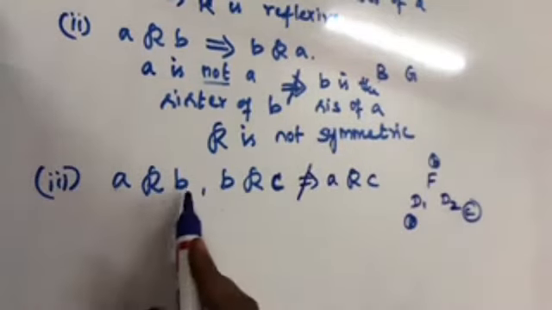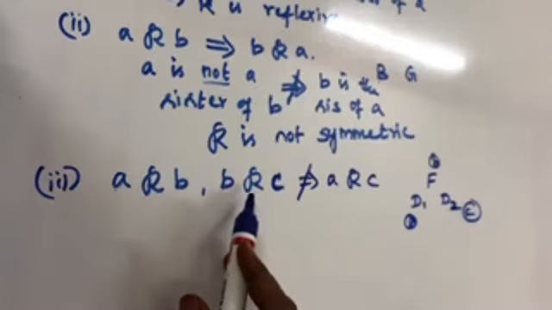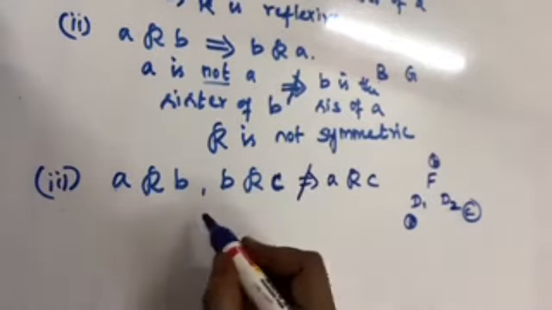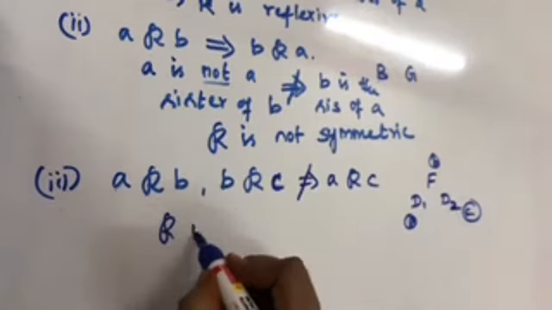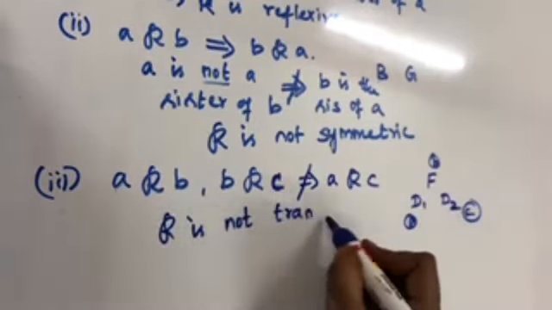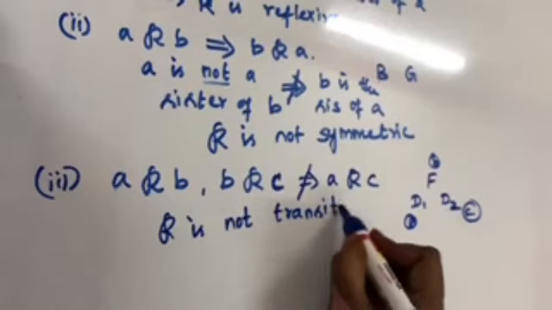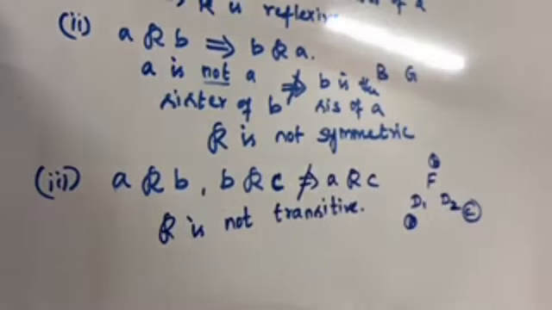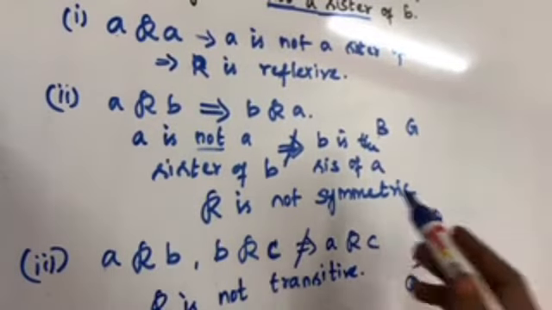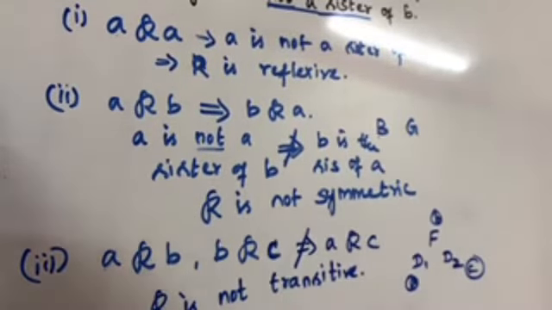A is related to B and B is related to C, but it doesn't imply A is related to C. So, R is not transitive. So, it is reflexive but not symmetric and not transitive. So, this is not an equivalence relation.